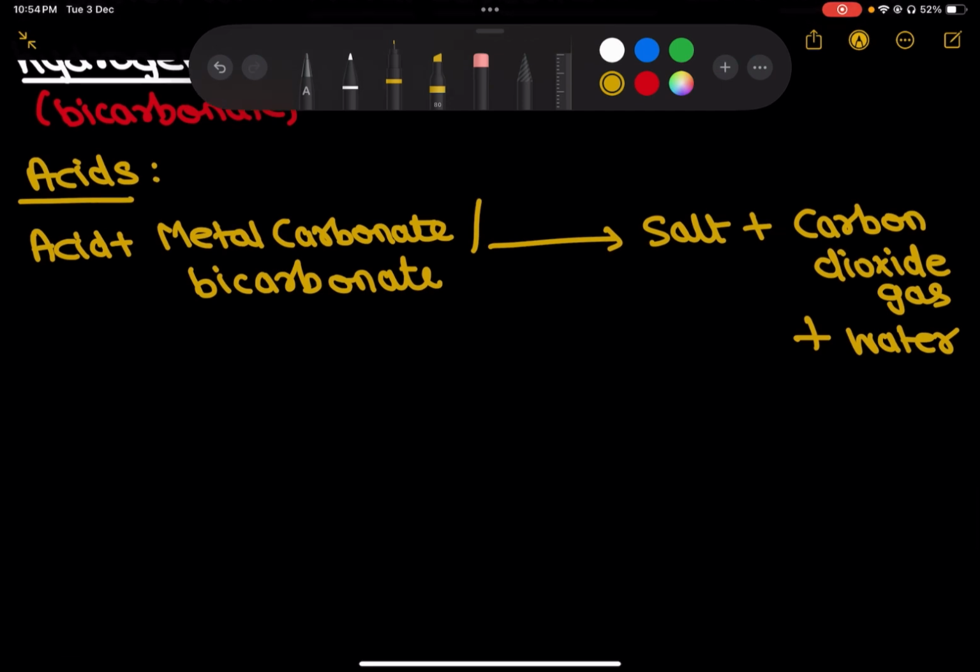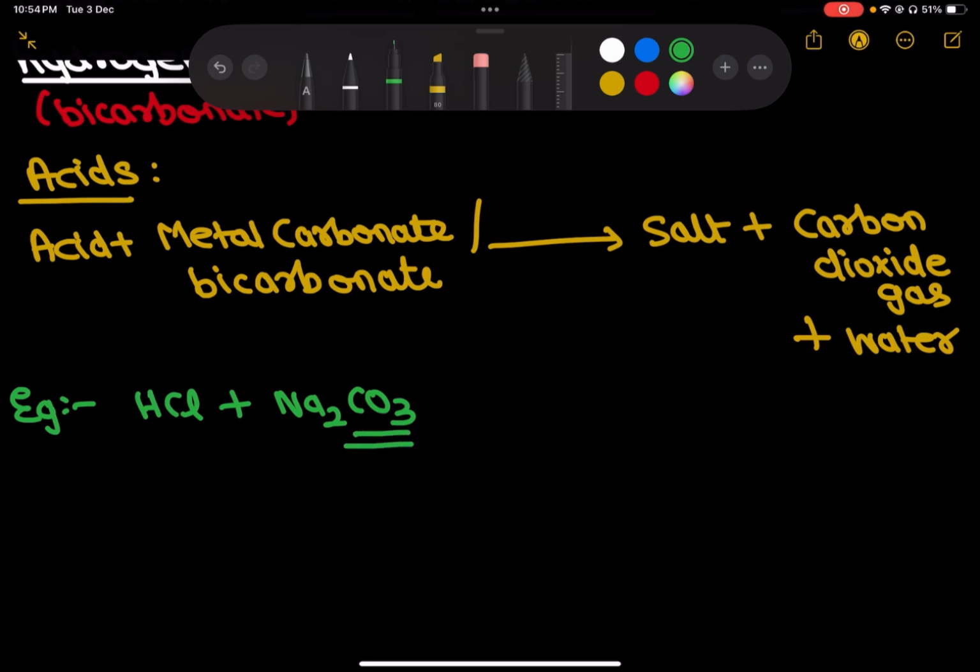So two examples. With the same acid, we'll take a metal carbonate and a metal hydrogen carbonate, and we'll see what happens. Okay, so firstly, let's take a metal carbonate. So the acid will be HCl, and the metal carbonate Na2CO3. Okay, so this is the metal carbonate. CO3, there is no H involved.